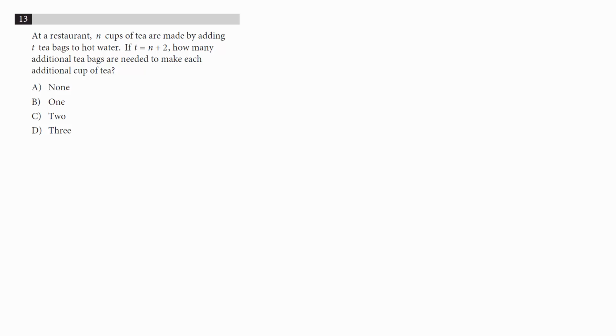So let's start with a column of n. If n equals 5, say we wanted to make 5 cups of tea, then how many tea bags do we need? To get t, that's just n plus 2. So that means we need 7 tea bags.